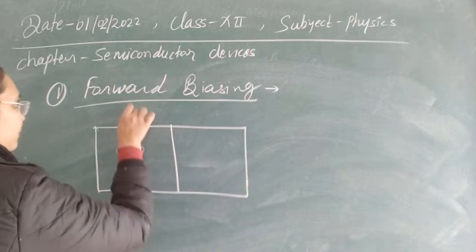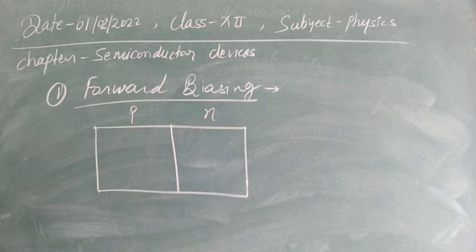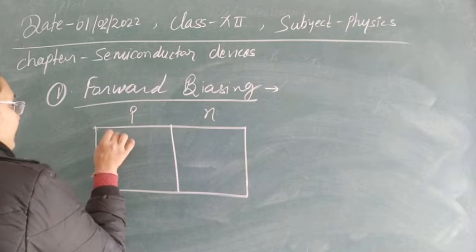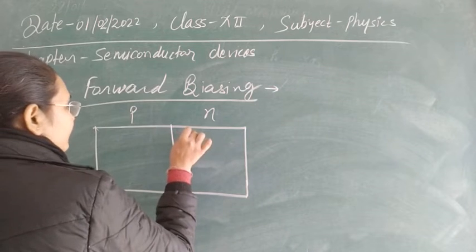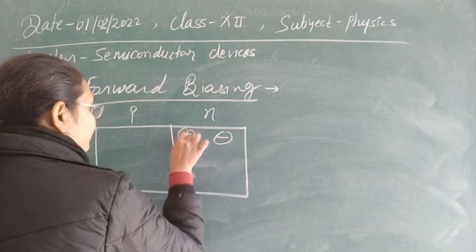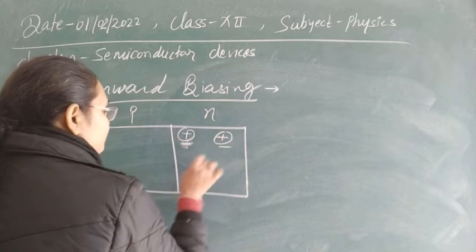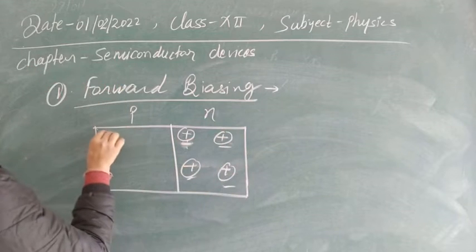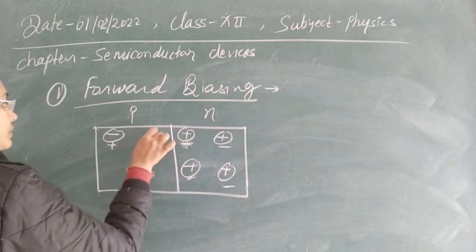For the case of forward biasing, first this is our PN junction diode, and in P type material we have acceptor atoms, and in N type we have donor atoms. So this is our donor atom, where one electron is associated with it, and in the case of an acceptor atom one hole is associated with it.